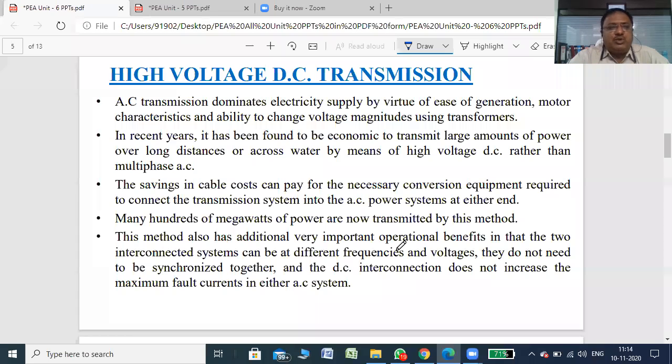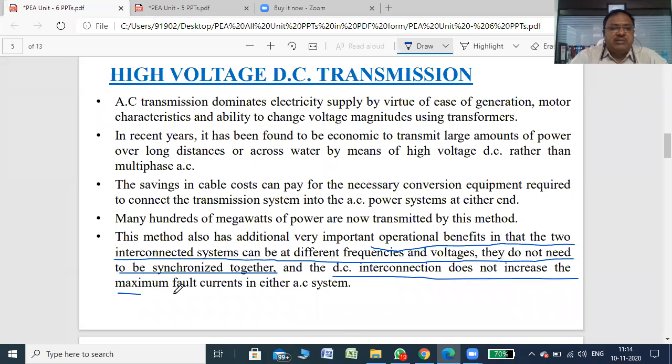This method also has an additional very important operational benefit. Most important, the two interconnected systems can be at different frequency and voltage. They do not need to be synchronized together. And DC interconnection does not increase the maximum fault current in either AC system.